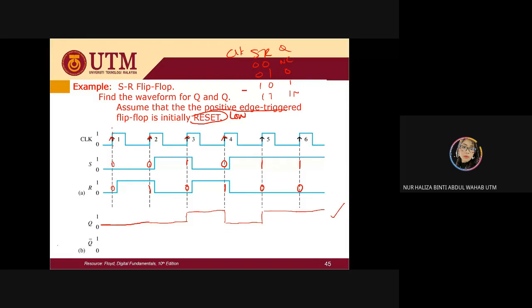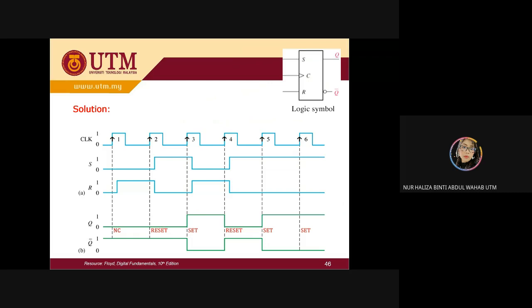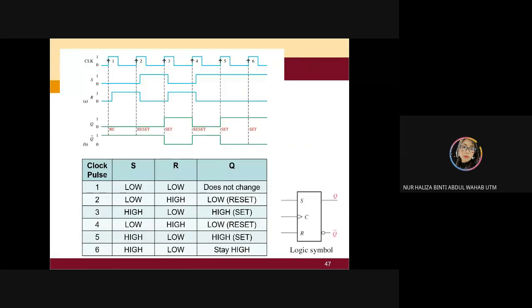So I can finish, and my Q bar always toggles. So I can easily draw this. So here is the answer. And you can compare everything here to the table.